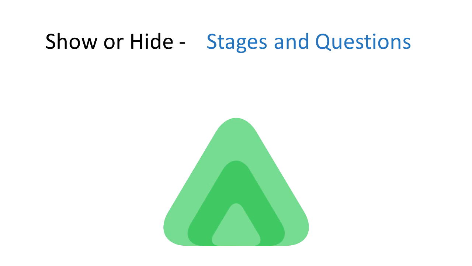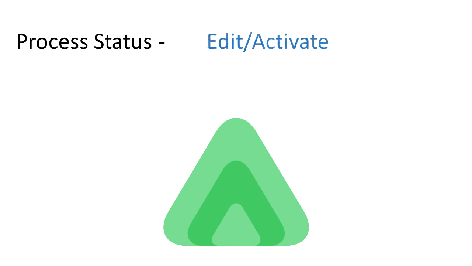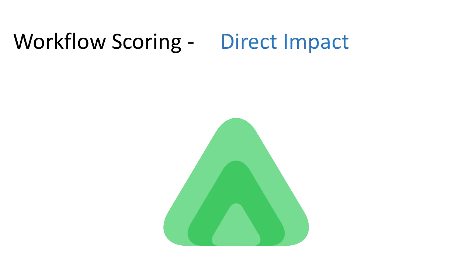We've looked at how you can take a process and how it can have a status. It can be editable or it can be active. In other words, you can use it within the context of your operations. And we've also looked how scoring can directly and dynamically impact your view of an opportunity.